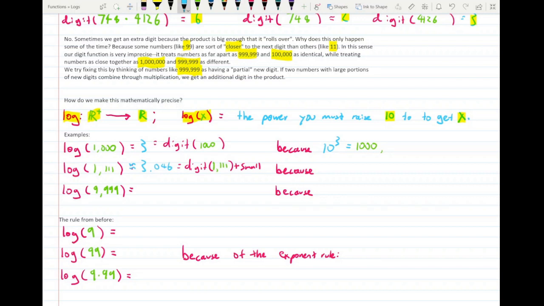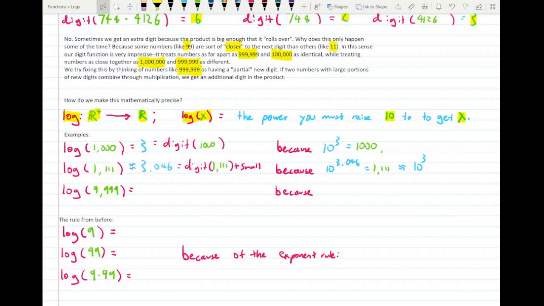In terms of exponents, we've got 10 to the power of 3.046 is equal to 1111, because 1111 is approximately 10 to the third, right? It has 3 more digits after the first one.